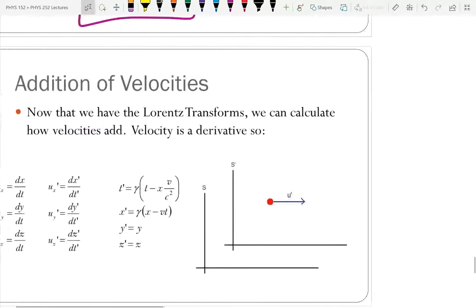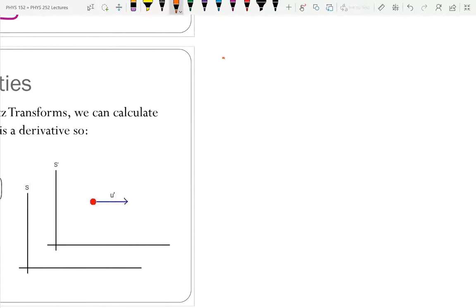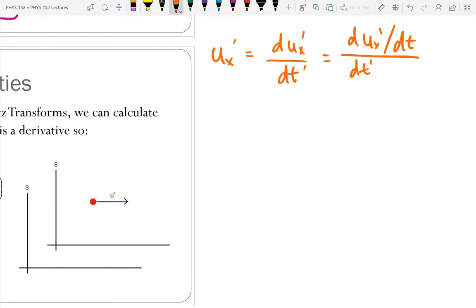Well, what I'm going to do is say ux prime is equal to dx prime/dt prime. That was already written. It's equal to dx prime/dt times dt/dt prime. Technically, what have I just done? I added an intermediate.